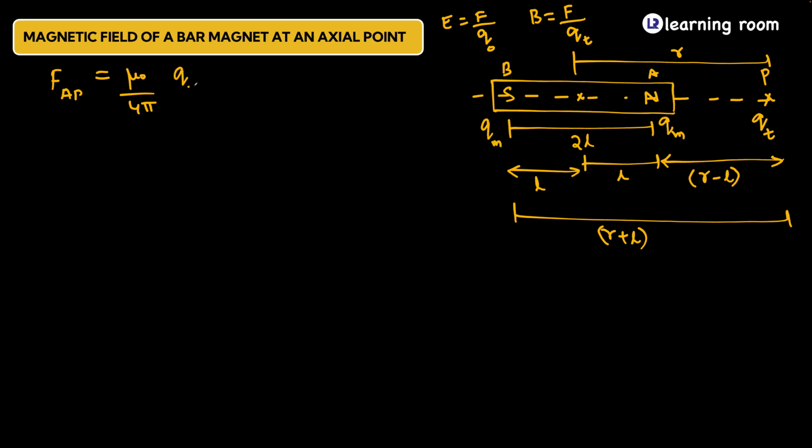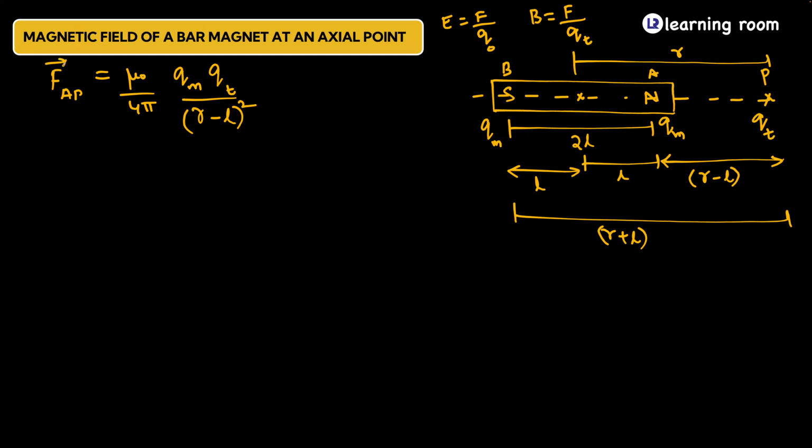So mu naught by 4 pi into Qm multiplied with Qt divided by how much is the distance? So (R minus L) the whole square, right? But what is going to be the direction of it?